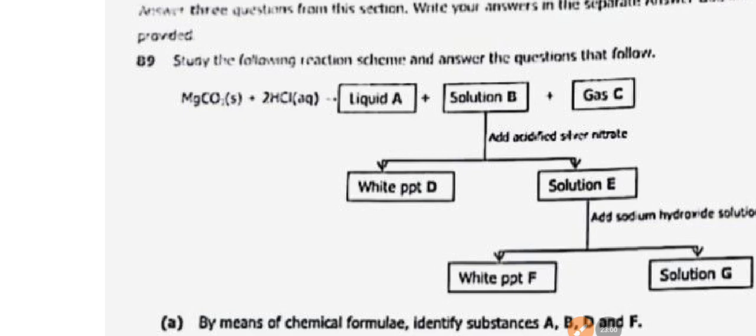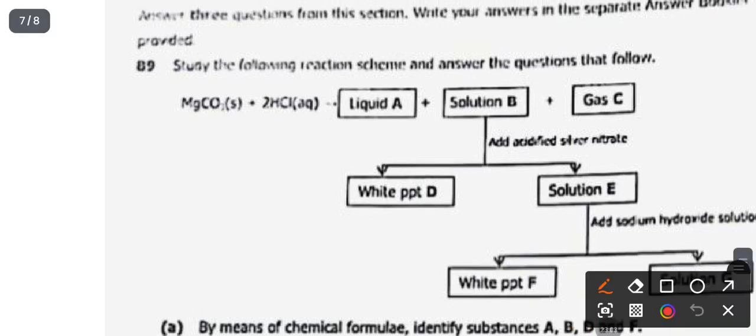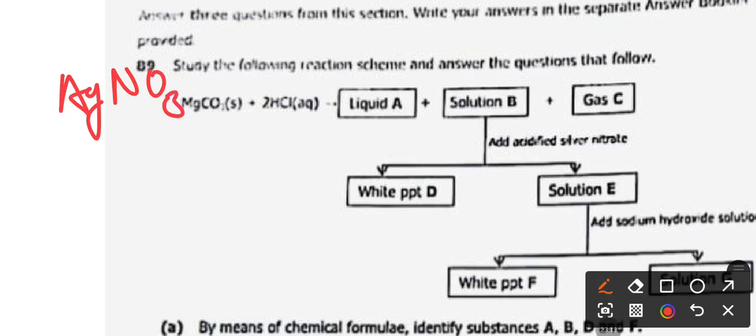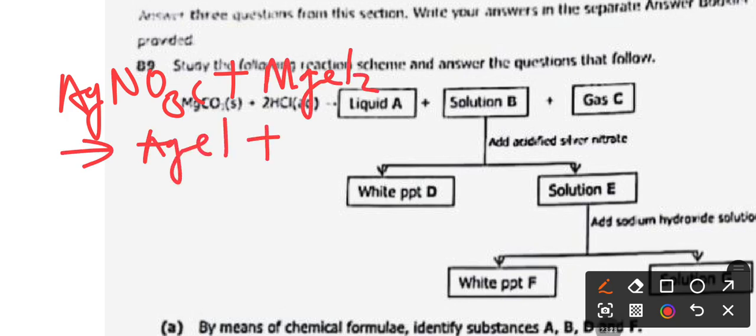So we start by writing the equation: silver nitrate plus magnesium chloride forming silver chloride plus magnesium nitrate.